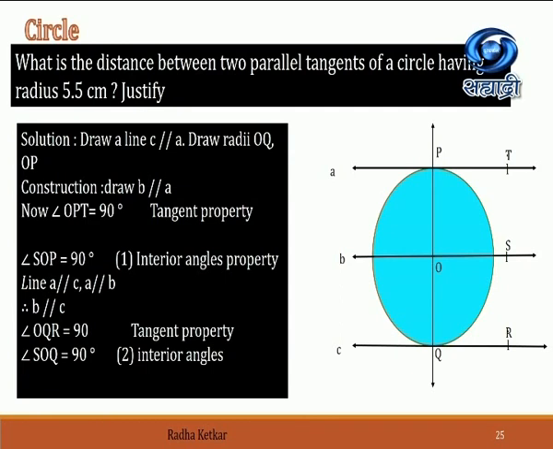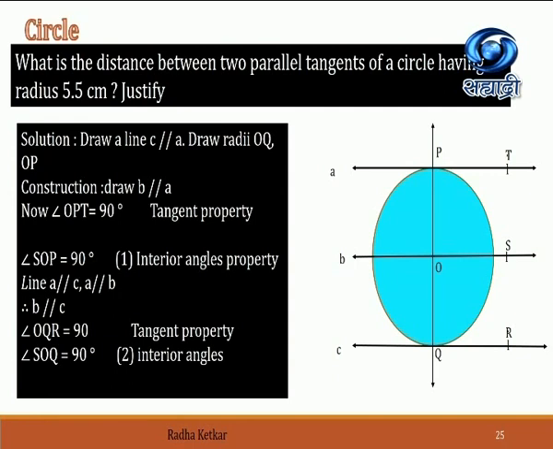Now look at the next line. You can see angle OPT is 90 degrees. This is using the tangent property. We know that radius and tangent are perpendicular to one another at the point of contact. So angle OPT is 90 degrees.